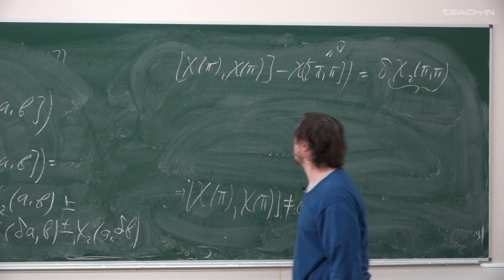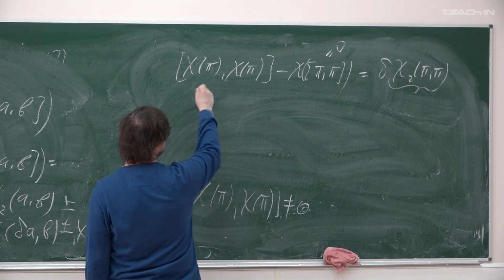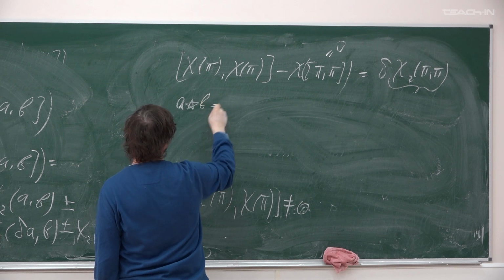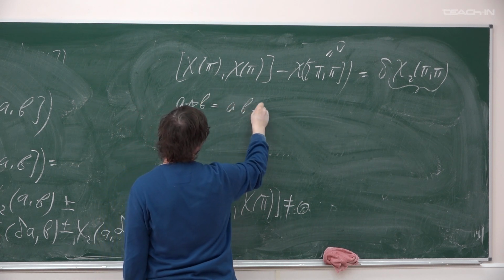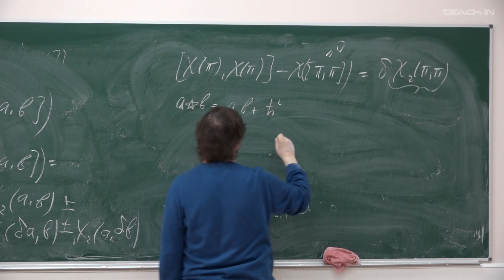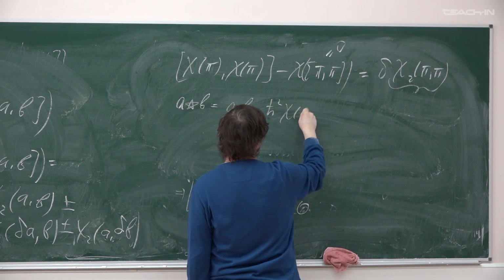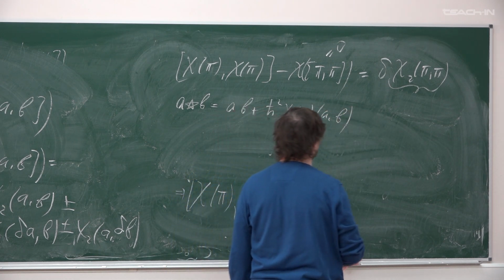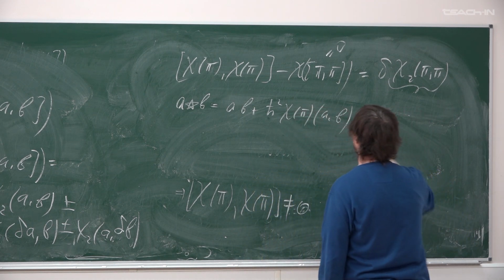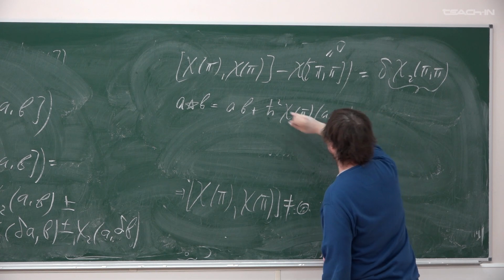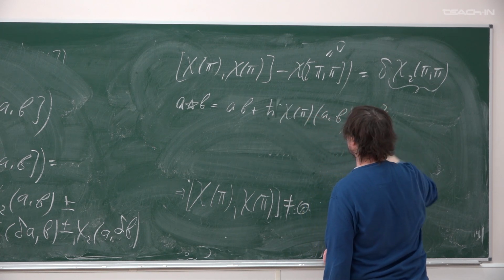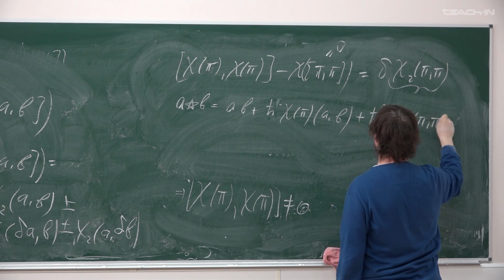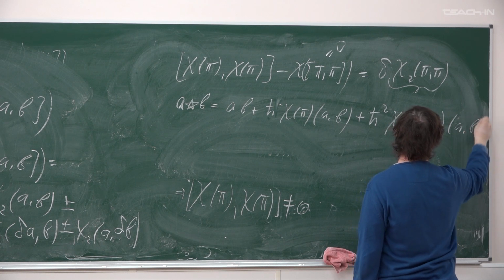So we can now say that the star product of A and B should look like A times B plus H bar chi of pi applied to AB, right? But then we'll have H bar squared, H2, chi2 of pi comma pi applied to AB.